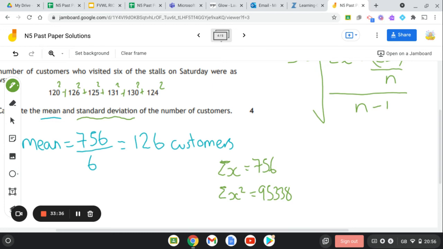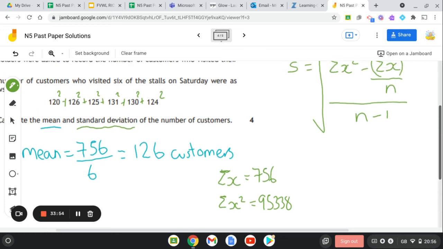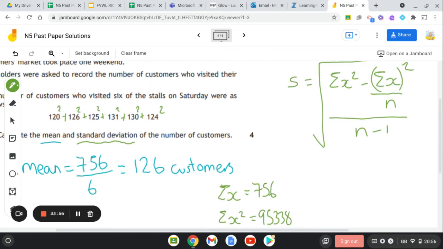So I'm just going to double check that again. 120 squared plus 126 squared plus 125 squared plus 131 squared plus 130 squared plus 124 squared. So just get into the habit of double checking so that you're not making mistakes on questions like this.